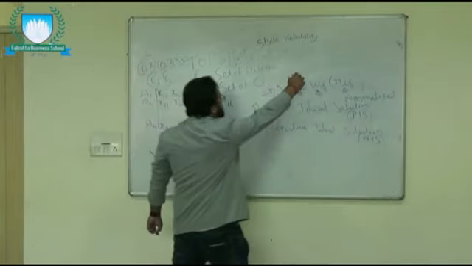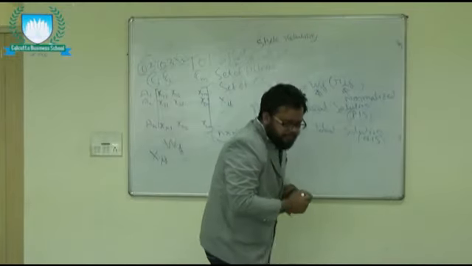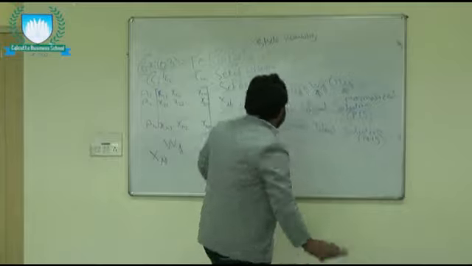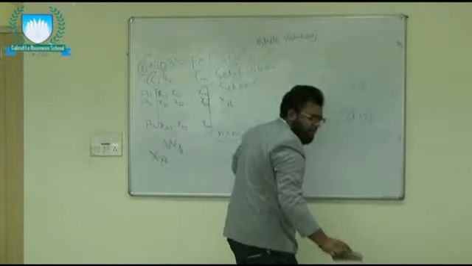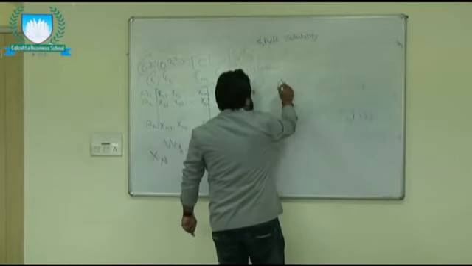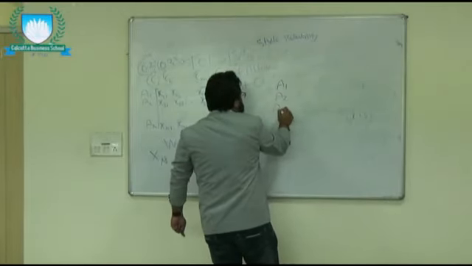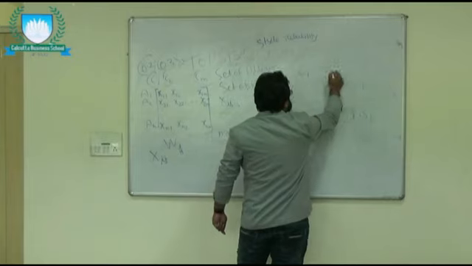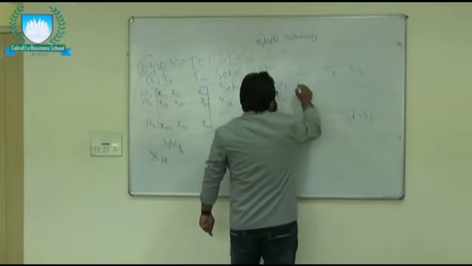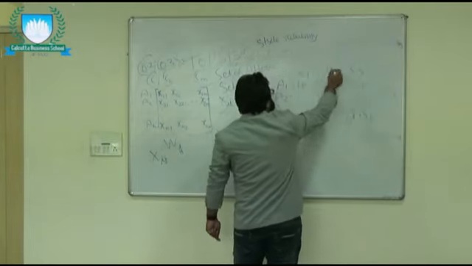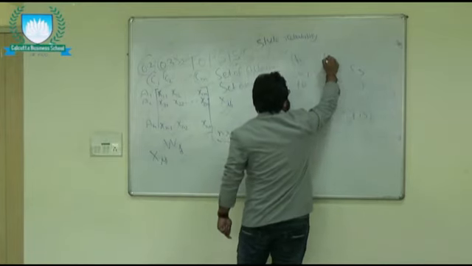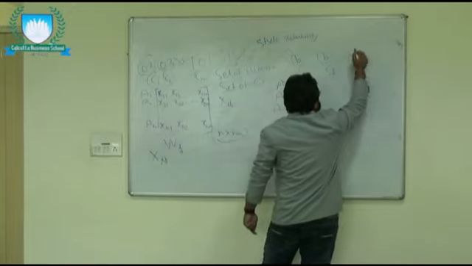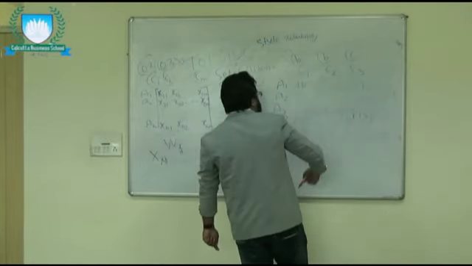So let us consider a very simple problem, then you will understand. Let's say you have 3 alternatives, A1, A2, A3, and criteria C1, C2, C3. C1 is a benefit criterion, C2 is also a benefit criterion, and C3 is a cost criterion.